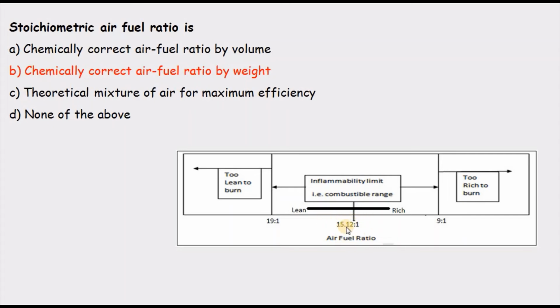So here it is 15.12:1. That means for completely burning 1 unit of fuel, we require 15.12 units of air. So this particular proportion, 15.12:1, is what we call stoichiometric, which is chemically correct air fuel ratio by weight. Anything coming on this side is called richer, and this side it is called leaner.